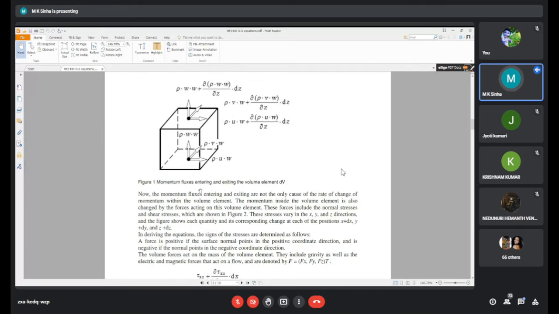This is the normal momentum entering the surfaces of the first side, that is the left, bottom, along the y-axis. And due to the length of the fluid element, dz changes, which is also given in the figure.